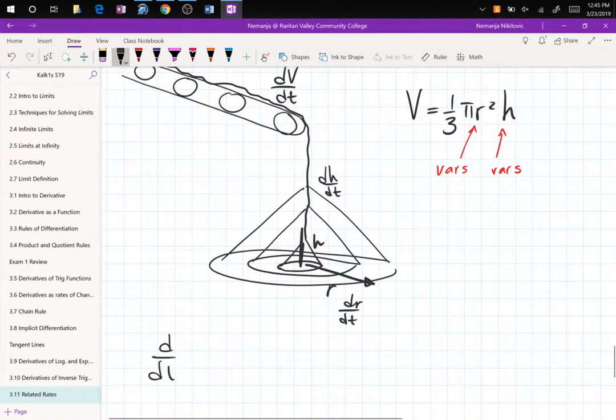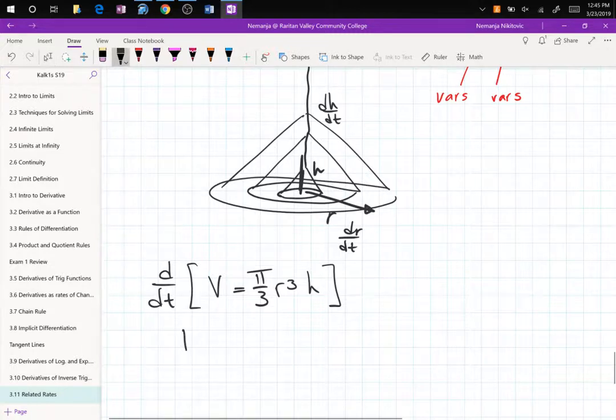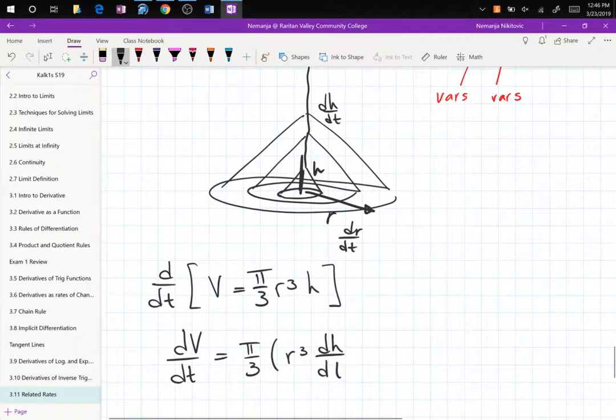So the derivative in time of this volume formula, I'm going to put pi over 3 r squared h, is going to be dV/dt on the left, copy pi over 3, and now we have the product rule. Copy the first, derivative of the second, copy the second, derivative of the first. Note that I have dh/dt and dr/dt anytime I took the derivative, because none of those variables were time, so I have to follow with the chain rule.